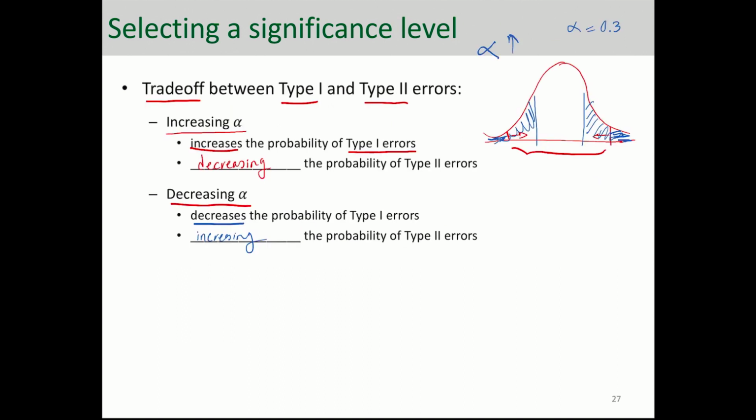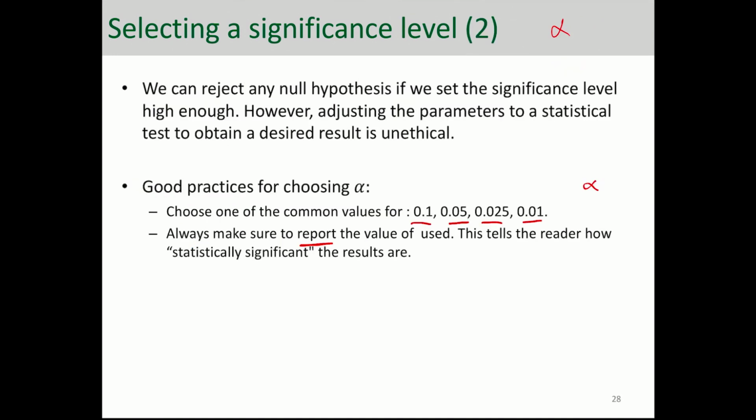But always remember, if you are increasing alpha, you are increasing the type 1 error and decreasing type 2 error, and vice versa.